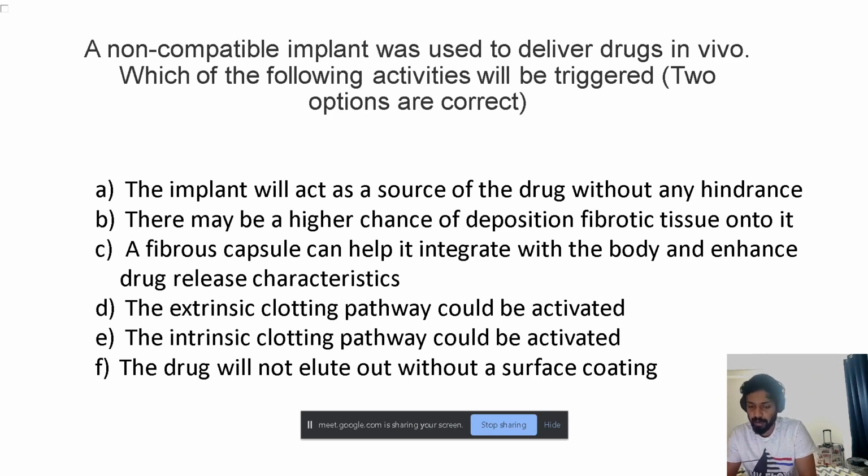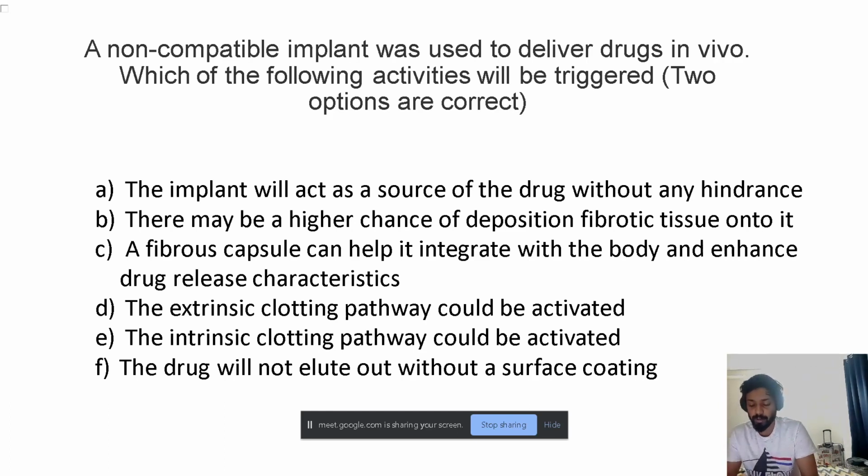A fibrous capsule can help it integrate with the body and enhance drug release characteristics. That's not the case, right? If a fibrous capsule is forming and covering your implant, it's essentially useless. It can't release any drugs outside, and that part of your body is cordoned off, walled off, so it's not going to help it integrate with the body at all.